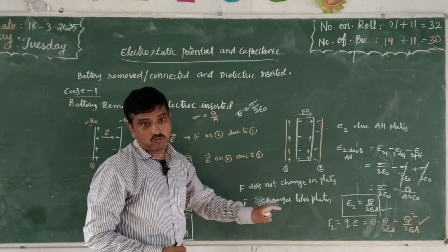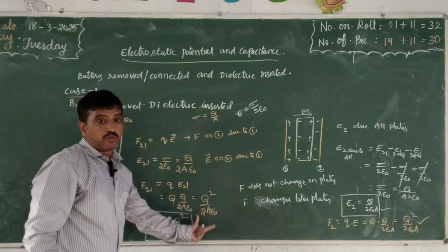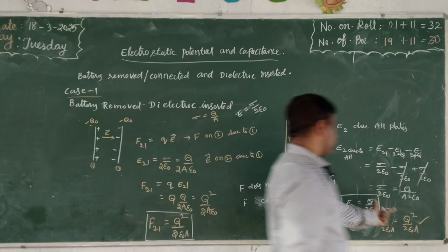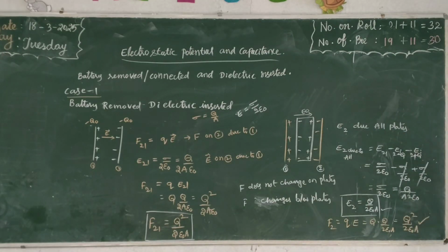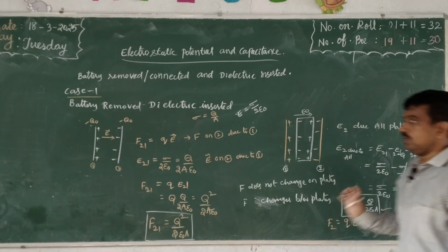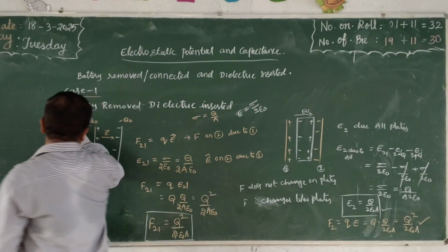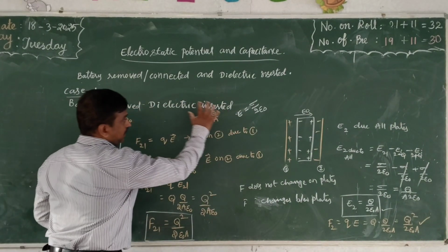What is the force on the plates now? Q square by 2 epsilon naught A. After inserting also, Q square by 2 epsilon naught A. So the force does not change on the plates; it is transferred from this plate to that plate. That is the case with battery removed and dielectric inserted.